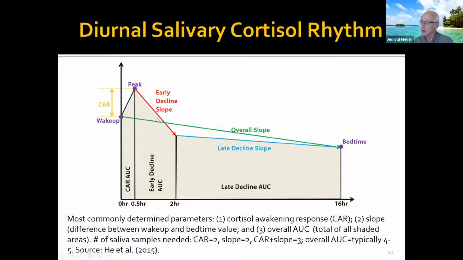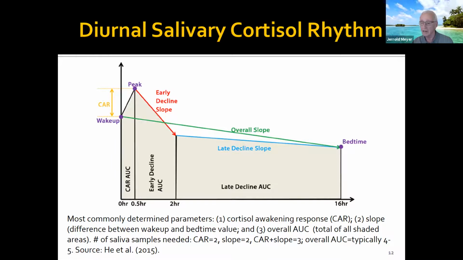Then it starts to go down fairly steeply in the morning hours, and then more slowly later on. And so it's quite a bit lower at bedtime, and may even get lower as we sleep.